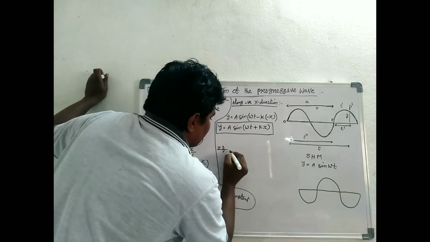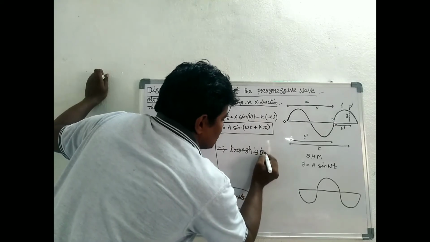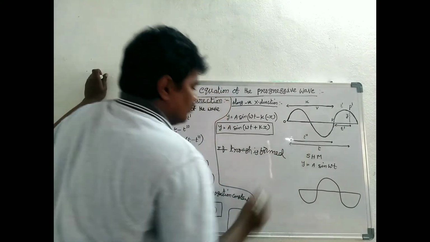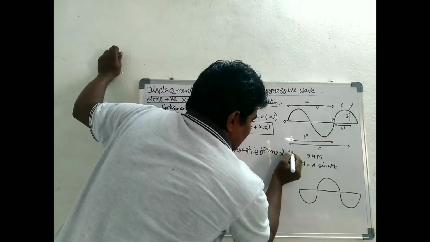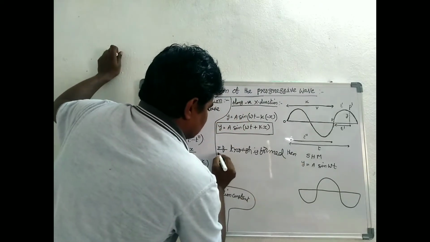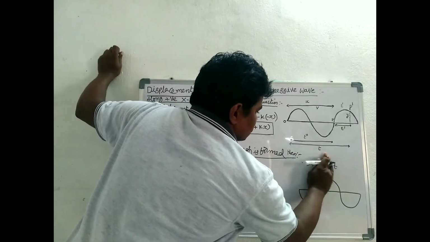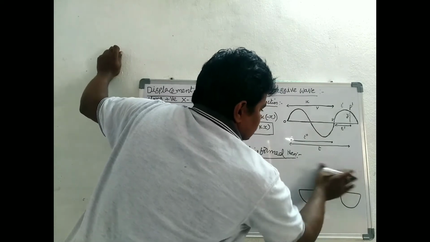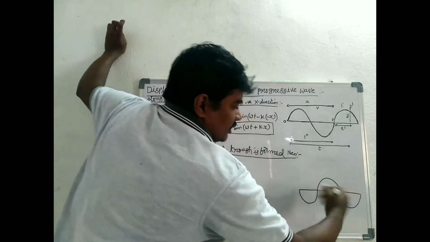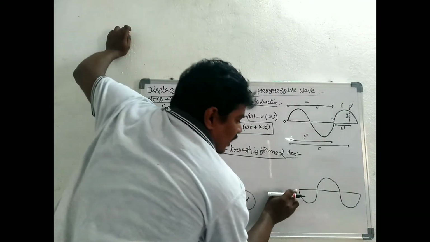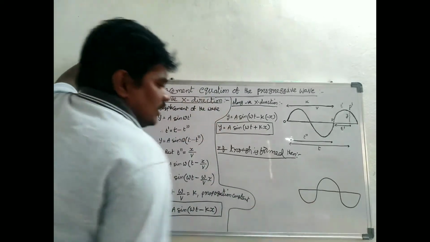If the wave is traveling along the positive x direction and a trough is formed, the string is vibrating downwards.